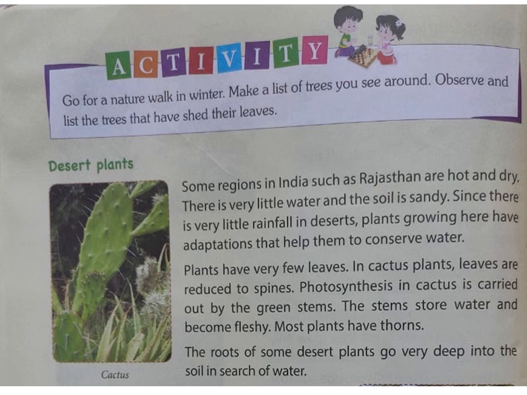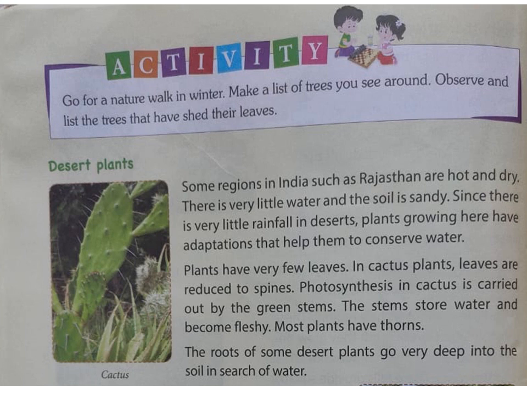Now we can see the third group of the plants which grow on the land, means terrestrial plants. Okay, desert plants. These desert plants are very specific in features. See, some regions in India, such as Rajasthan, are hot and dry.